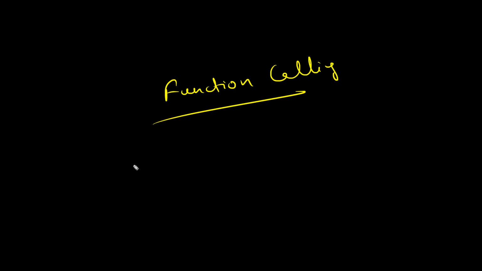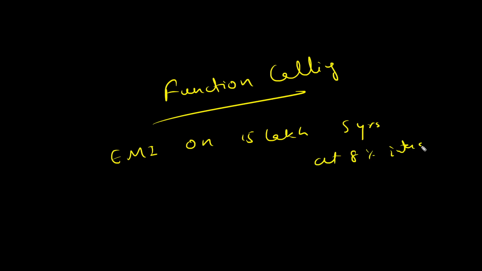Now, if the user says, hey, what's the EMI on 15 lakh for 5 years at 8% interest, something like this, then the model will think, this is a finance task. So I need to call a function with these specific inputs, get the result, and format the answer for the user. It's like giving ChatGPT a calculator inside its brain.